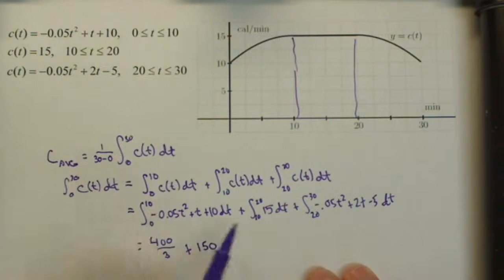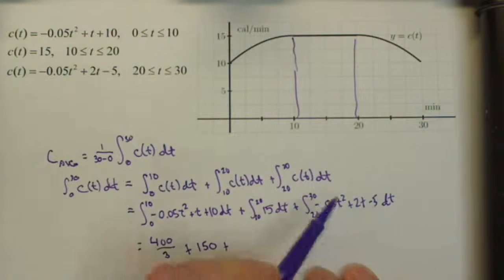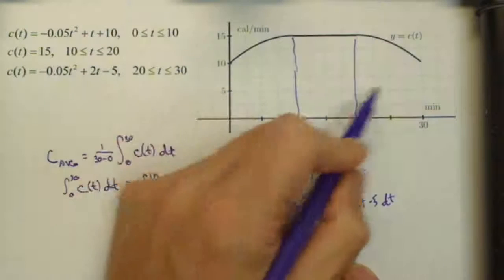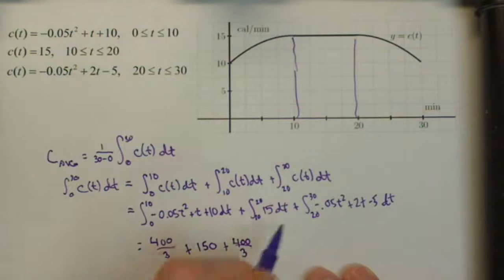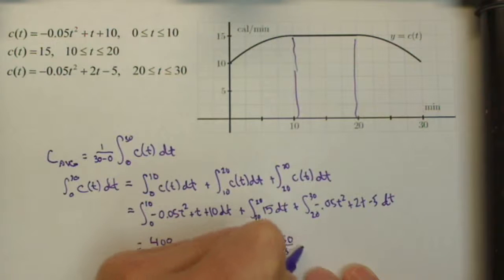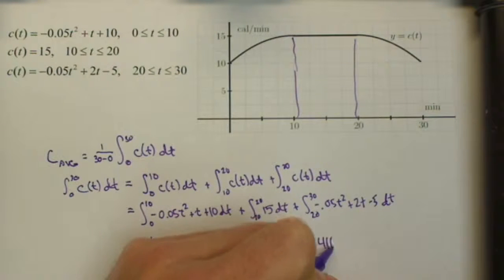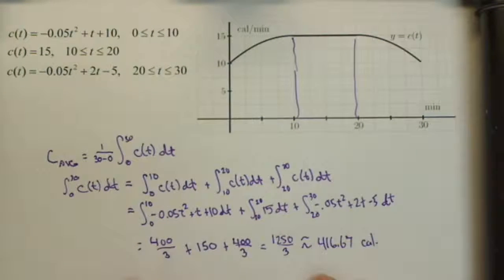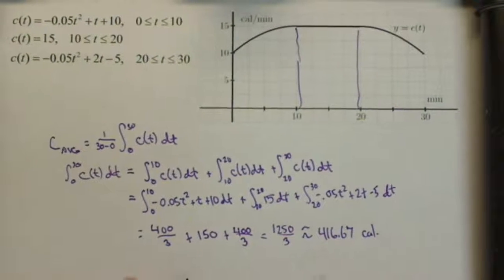It's similar to what we did in A, just a slightly different value. It also comes out to be 400 thirds, which we could also see from the symmetry in our graph. So what this tells us is we're going to burn 1250 over 3, or approximately 416.67 calories during this 30-minute workout.